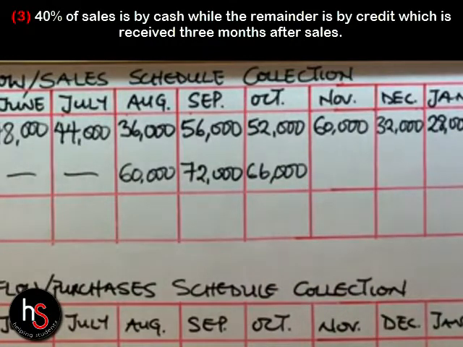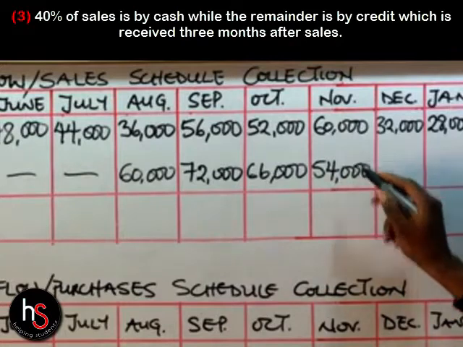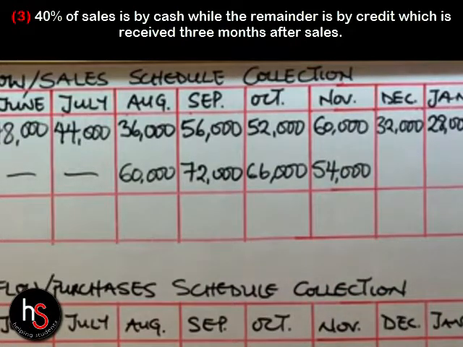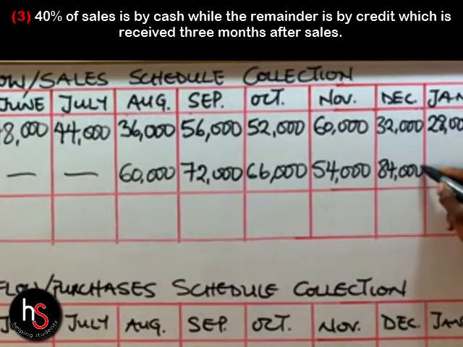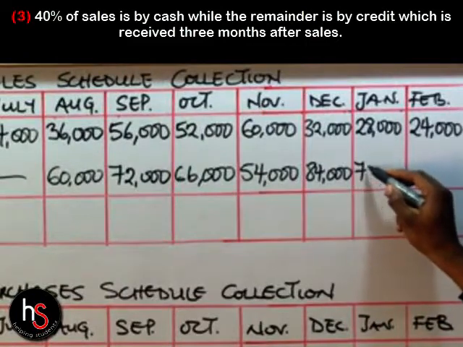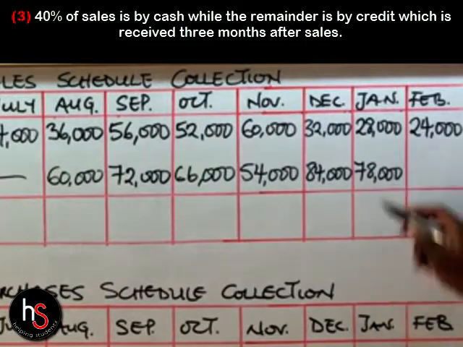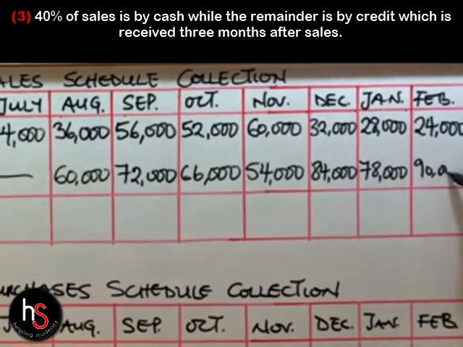In November, we have 54,000. In December, we have 84,000. In January, we have 78,000. And in February, we have 90,000.